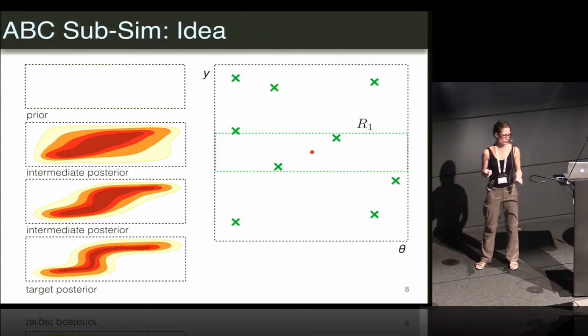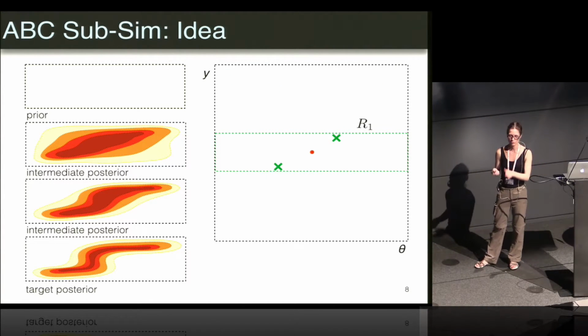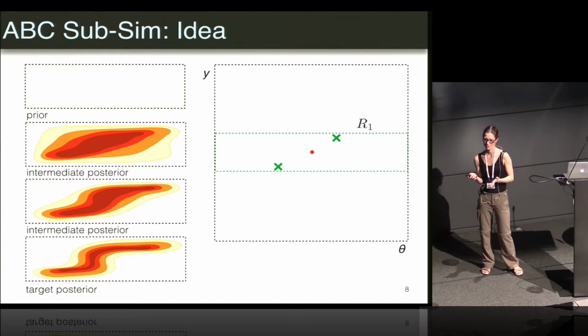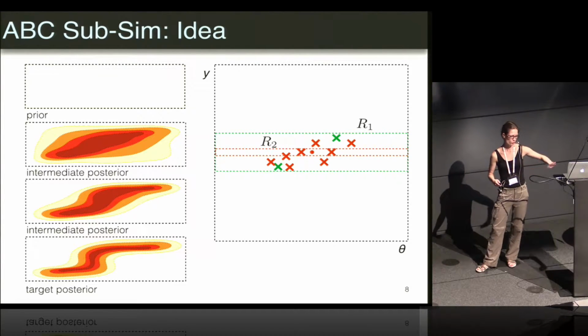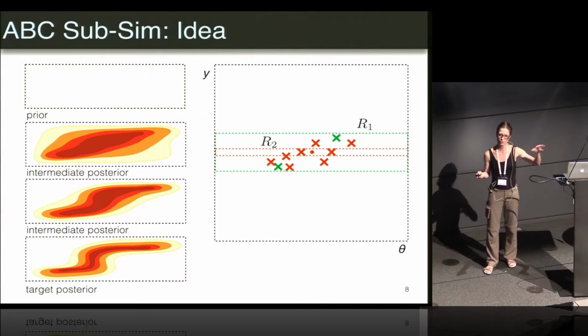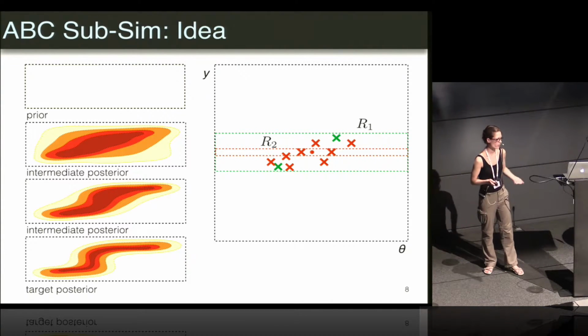We accept just the points which are within the tolerance, those two. Then we regenerate the population, and I will mention later how we do it. We get a bunch of points, and again we set a lower tolerance, which goes over there. We accept just the points which are within the band.